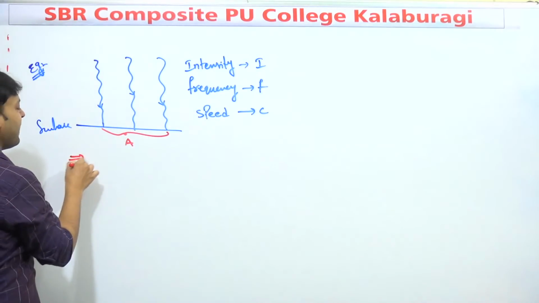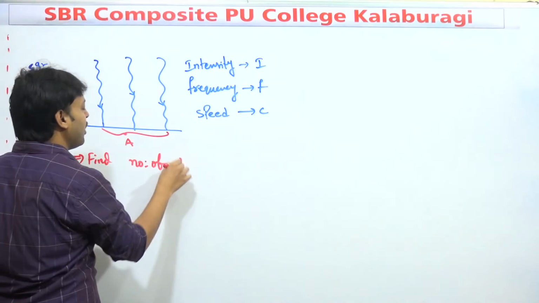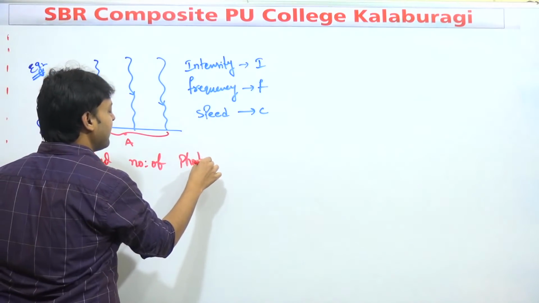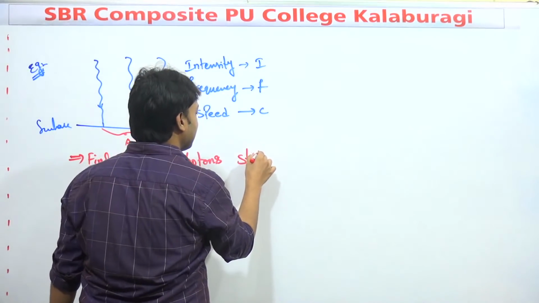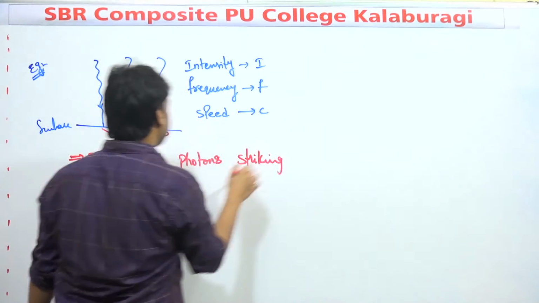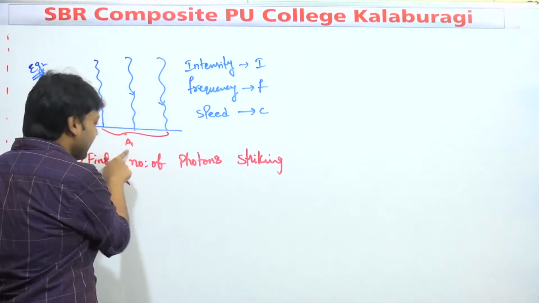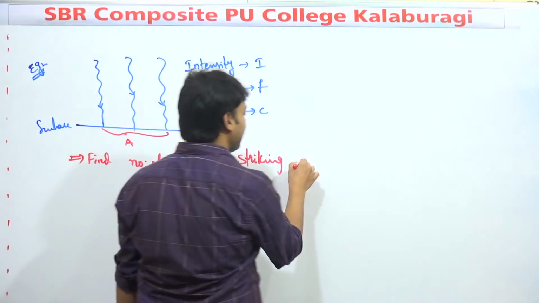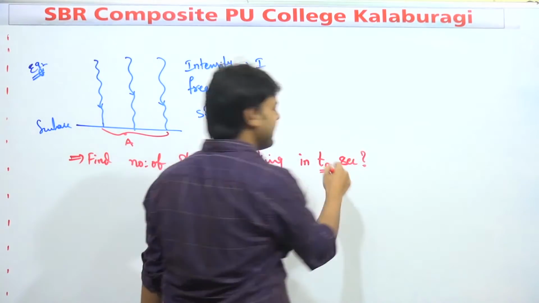Write the question. Find the number of photons striking the given area A in t seconds, or any time you can take, 1 second, 2 seconds.